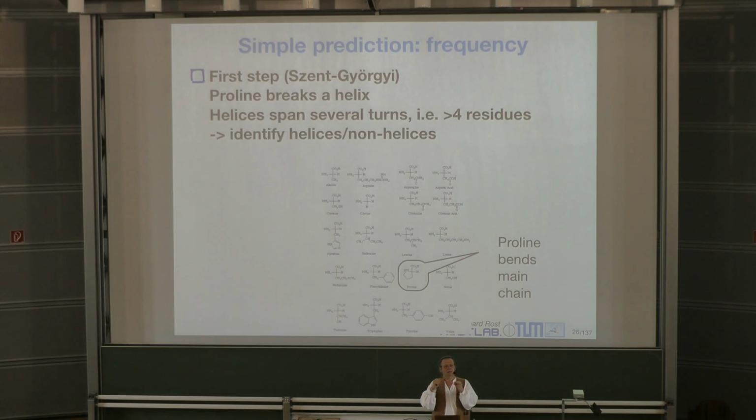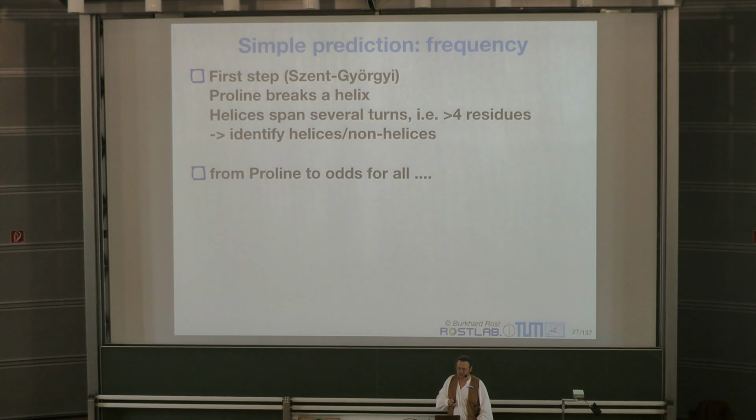Now proline reduces that degree of freedom. This is why proline often breaks a helix. If you know that proline breaks a helix, you know that before it you see a helix. That's the simplest prediction, and to some extent it works.